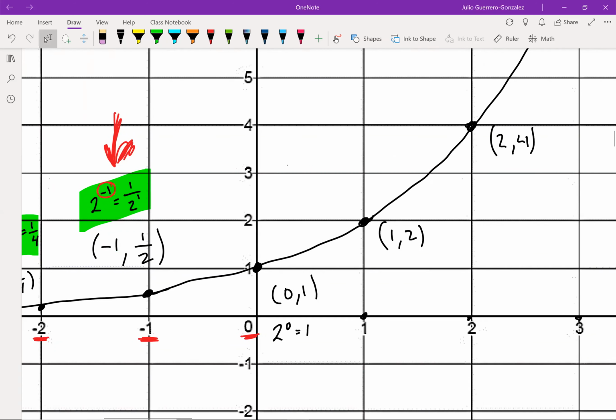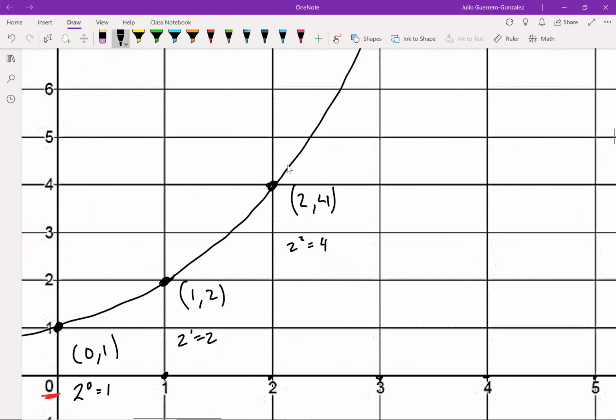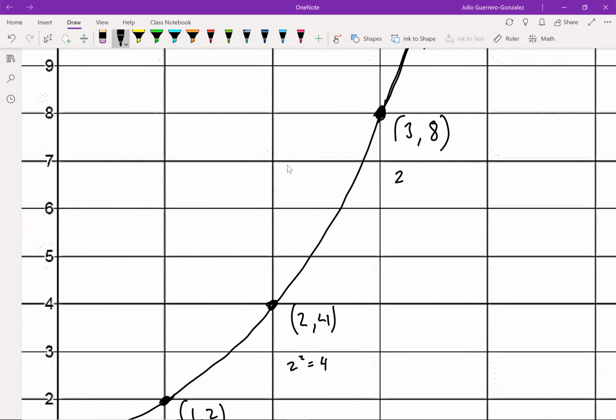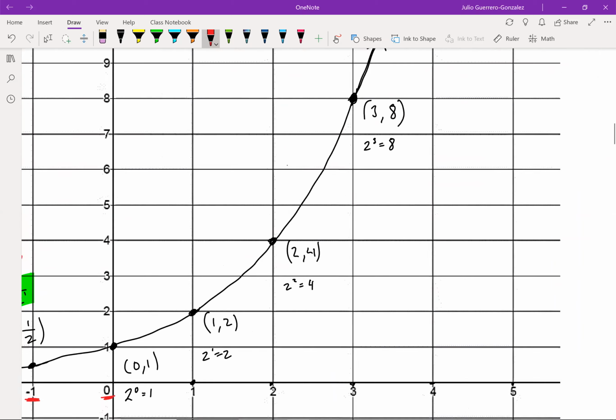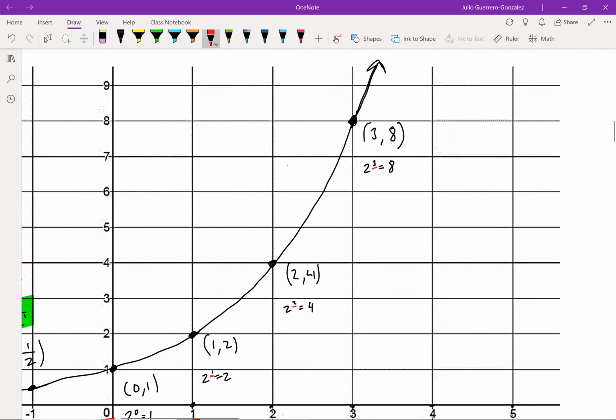Let me do the rest of the maths here. 2 to the 1 is equal to 2. 2 squared is 4. 2 cubed is 8. The same work happened over all these, so 1 was my input, then 2, then 3, and so on and so forth.